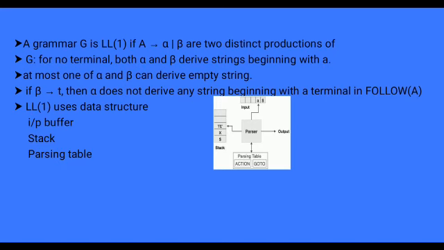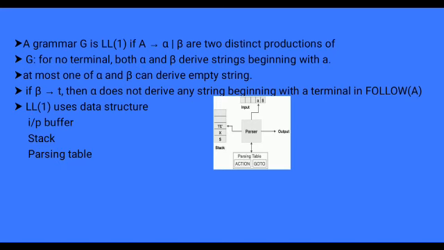If beta derives epsilon, then alpha does not derive any string beginning with a terminal in the follow of A.